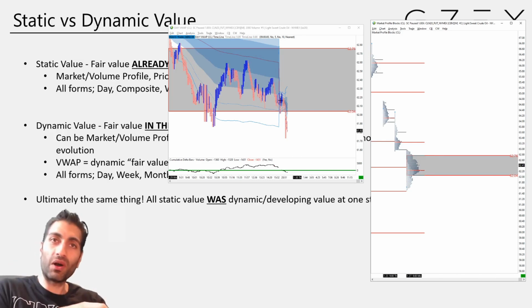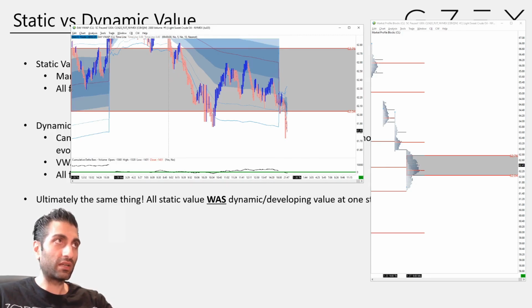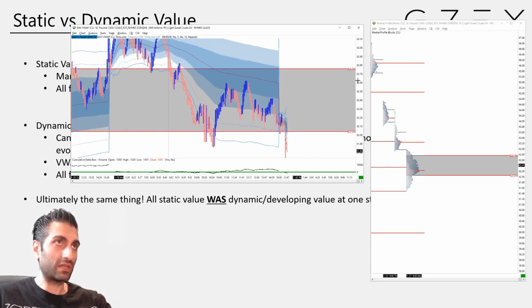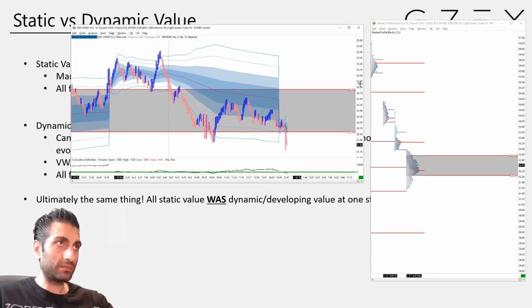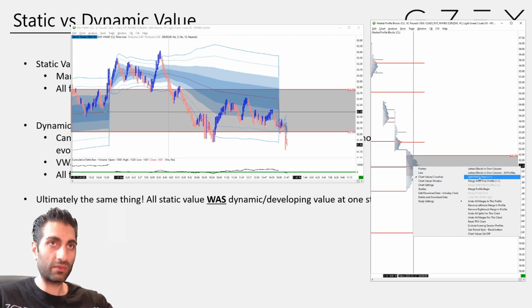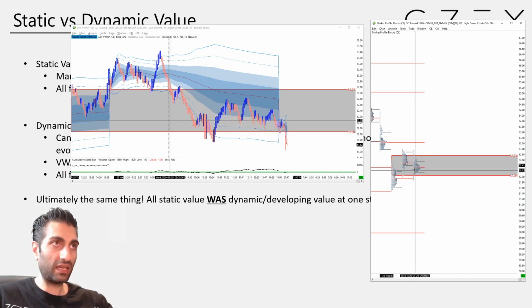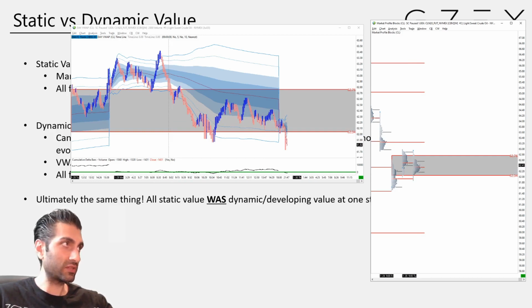So you're now going to combine static, which is, as we've already established, this, with dynamic, which is essentially this. So there's two ways of looking at it. I can prove it to you: this day here, part of this day, if we split it out, this day here was this session here essentially.